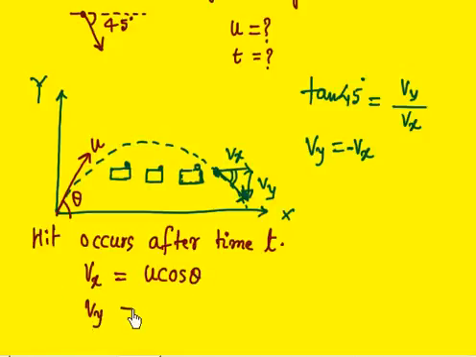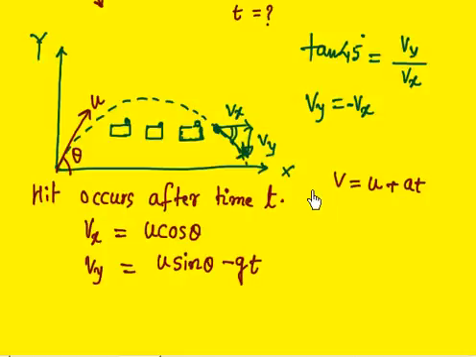So Vy after time t is u minus at. So V equals u plus at, if you remember that formula. So V equals u sin theta, and g is negative, so this is minus gt. Now if we plug these two things here, I will have u sin theta minus gt.